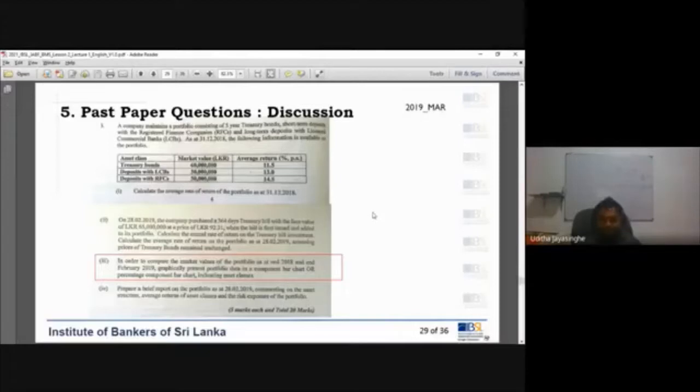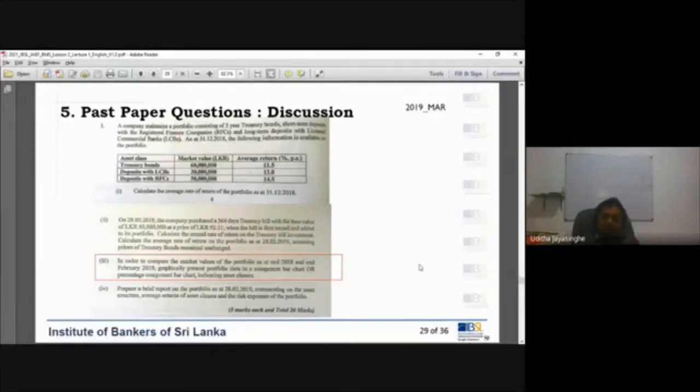So when you do it, if I remember correctly, we get a value close to something like 60 million for this particular treasury bill portfolio as at 2018. So I don't really want to discuss the answer here, but I just want to stress the theory that we learned so far. What do you need to do here for this 5 marks? It's a complete 5 mark question, part number 3.